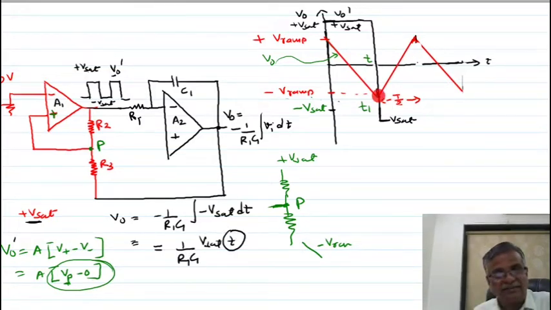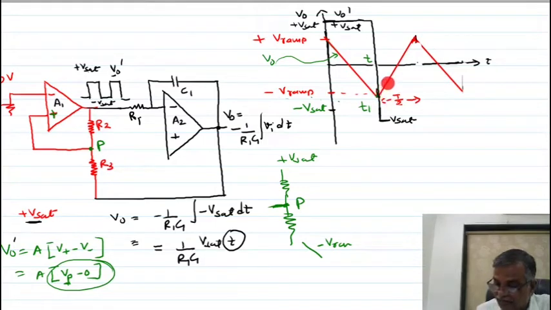From this time, my output becomes what? Positive ramp of this A2. Not for this, VO dash is negative. As this voltage becomes negative, this voltage becomes positive, and with time it is changing.